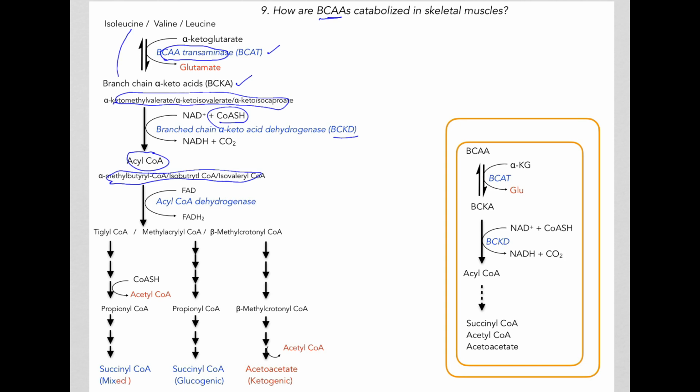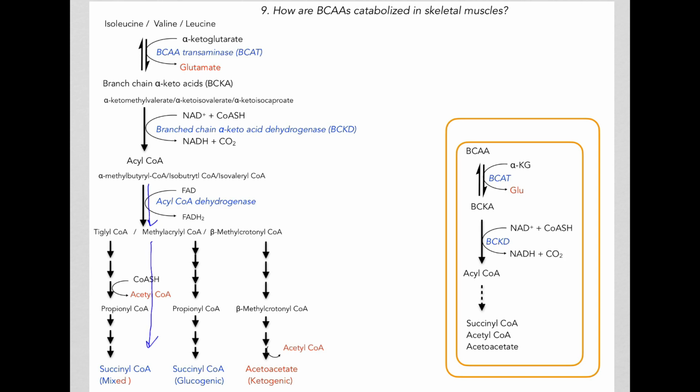Isoleucine will give this keto acid and this acyl-CoA. Valine will give this keto acid and this acyl-CoA, while leucine will give this keto acid and this acyl-CoA. Then the acyl-CoAs undergo further metabolism and give you acetyl-CoA as well as acetoacetate or succinyl-CoA.